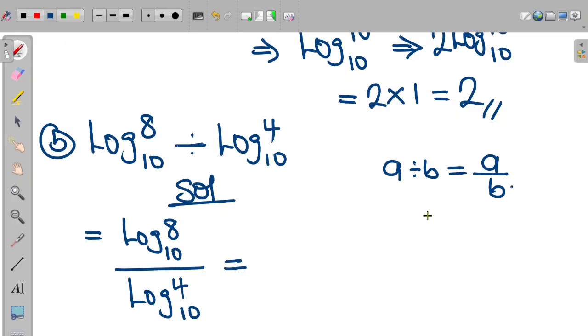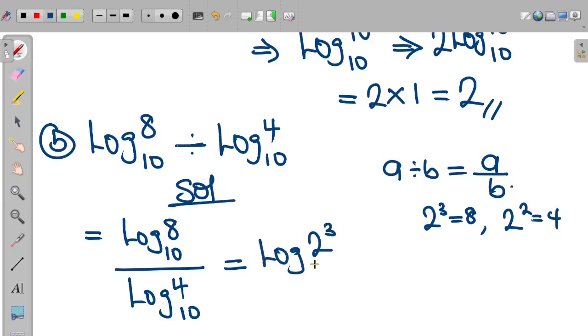And we know that 2 to the power of 3 is equal to 8, and 2 to the power of 2 is equal to 4. So this becomes log of 2 to the power of 3 to base 10 divided by log of 2 to the power of 2 to base 10.